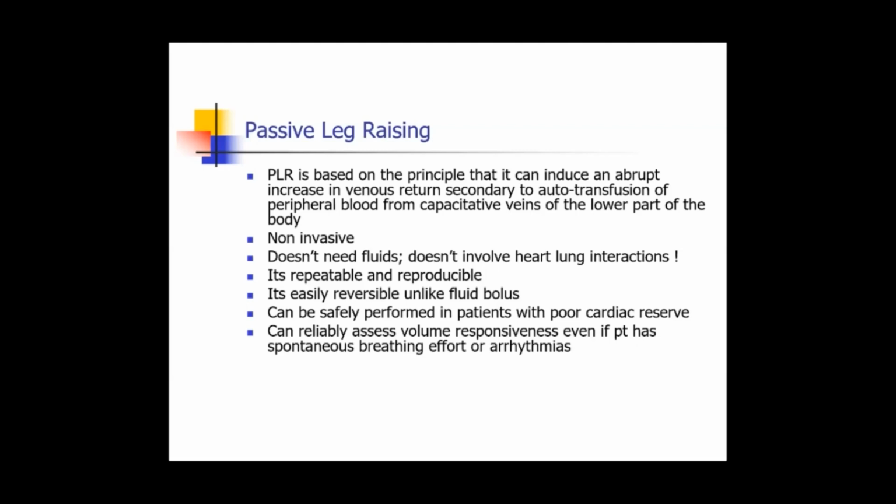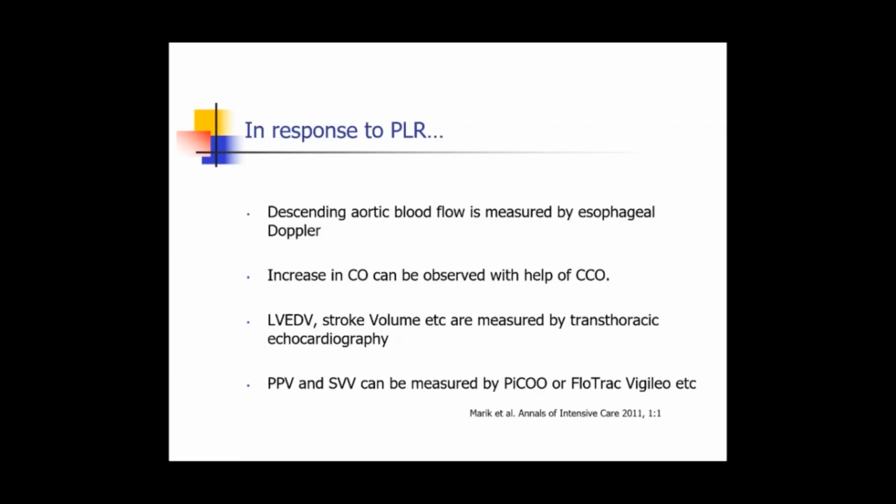So how many advantages, and what a simple test to perform. No extra fluid, no heart-lung interaction, no complexity, simple test, so many advantages, and we can get a lot of dynamic indices just by this simple test, which can be done in ICU with the automatic motion of the bed. And you need, of course, a dedicated monitor. We will also discuss the limitations of this test, of course.